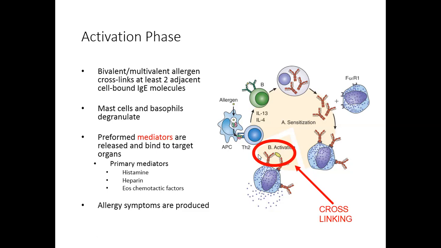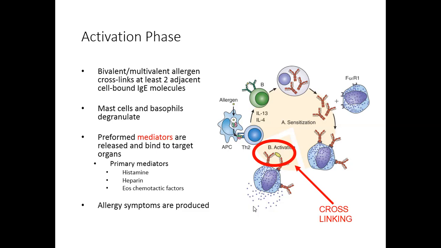We've linked that up. That cross-linking has an important purpose. Once that cross-linking takes place where the allergen is linked to a couple of different IgEs, it triggers this cell to drop the contents of its cytoplasmic granules. The granules, those are the ones that had those primary mediators or the preformed mediators, the histamine, the heparin, the eosinophilic and neutrophilic chemotactic factors, what else was in there?